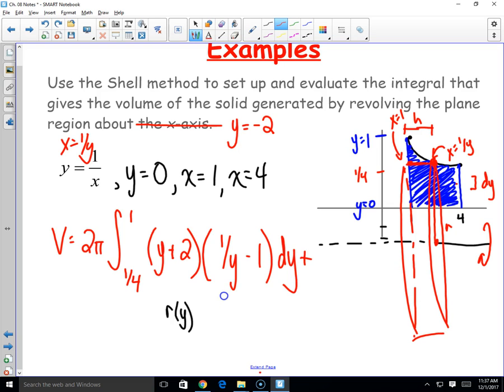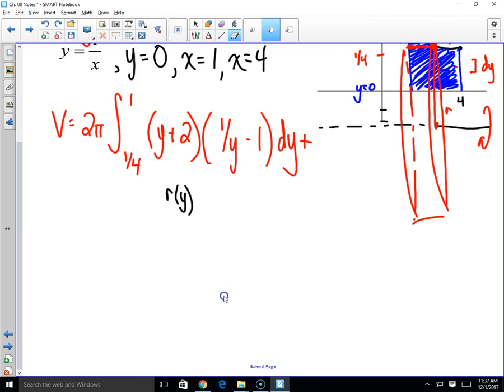Remember how we had to add because the behavior of the function changed for the disks and the washers? We're going to have to do the exact same thing for shells if we're doing it to a region where the function defines part of it, but not all of it.